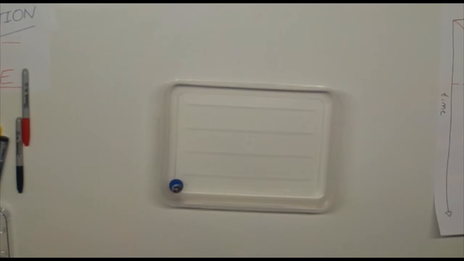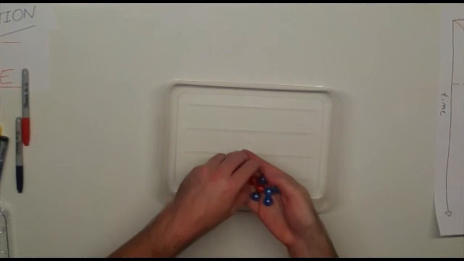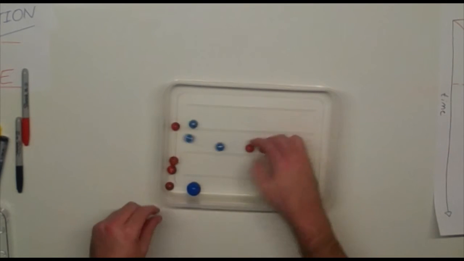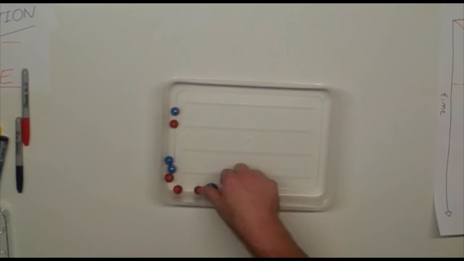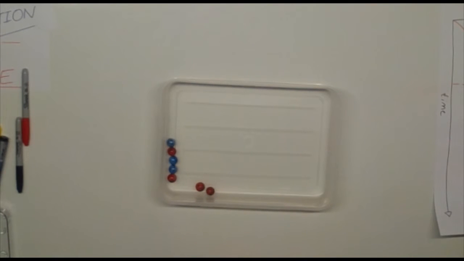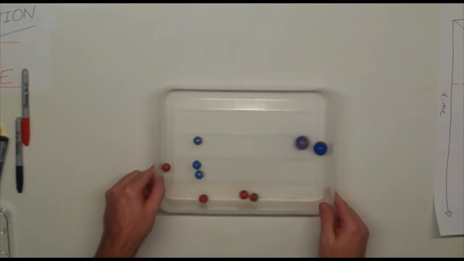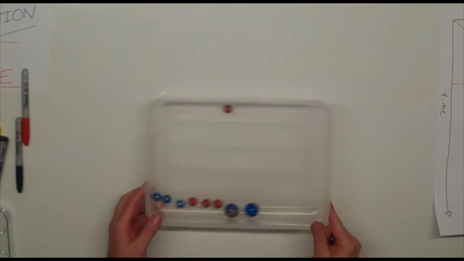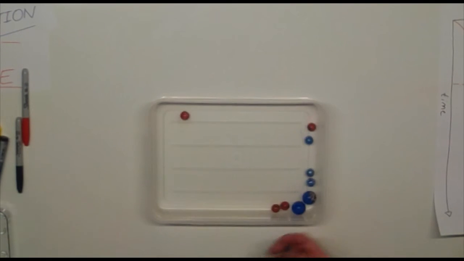Okay, so when we reach equilibrium, okay, what we've got is something like this. Okay, so we've got, let's say 4 of our chlorines in there, and we've got 3 of our PCl3s, okay, and we've got 2 of our PCl5s. So this is our equilibrium, okay. We've got the same number in there.